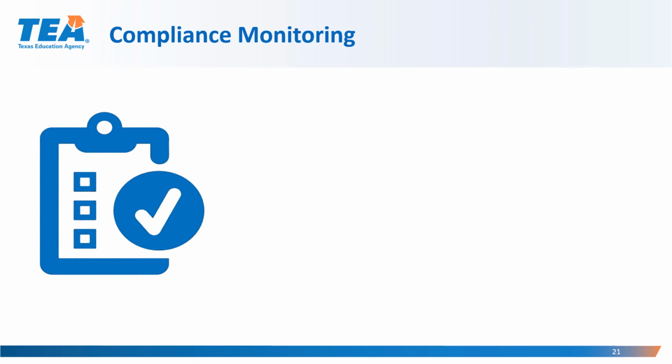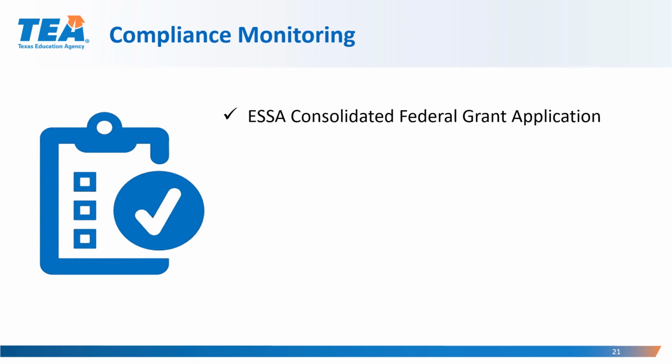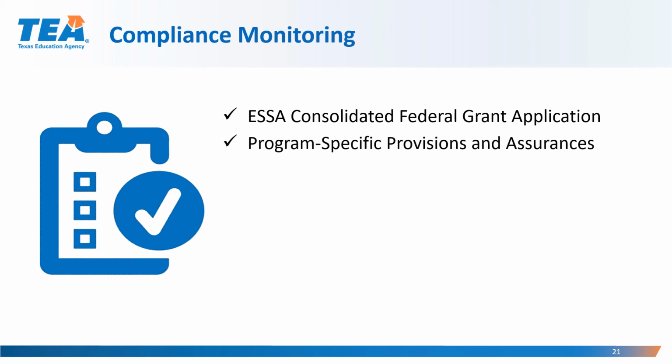Upon certification and submission of the ESSA Consolidated Federal Grant Application, LEAs certify that they will comply with all federal requirements noted in statute. All requirements can be found in the program-specific provisions and assurances posted on the TEA Grant Opportunities page.